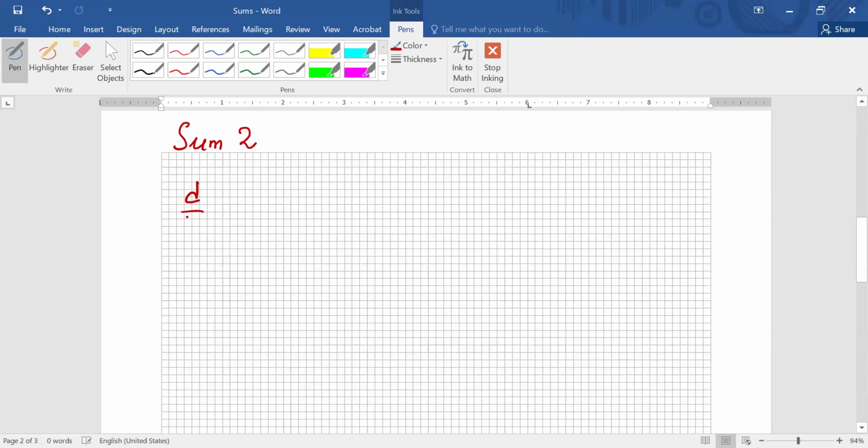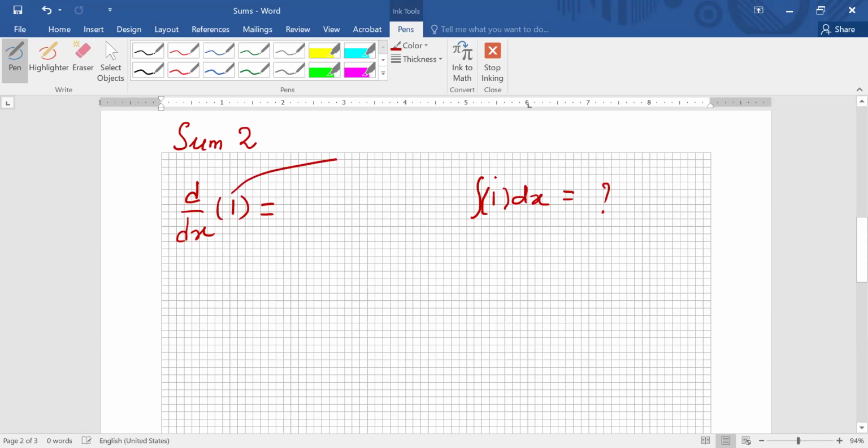So I have d by dx of 1. What does d by dx of 1 give me? That means differentiation. What does integration of 1 dx give me? These two are the problems I have to address now. Here I have differentiation of 1, and here I have integration of 1. You remember 1 is nothing but a constant.